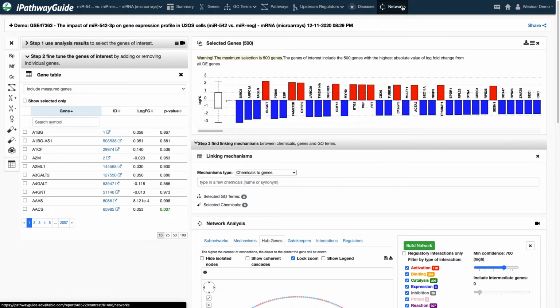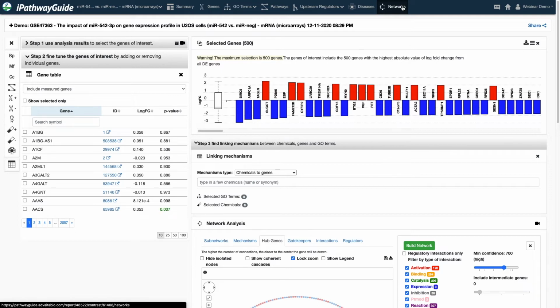The idea here is that you are given the tools you need to explore pairwise interactions between genes of interest, and also ask, how are my genes of interest driving this biological process that I'm observing? What chemicals are affecting my genes of interest? What's the mechanism?